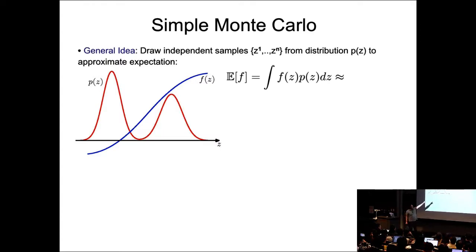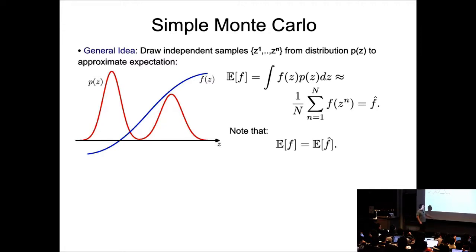You draw independent samples, Z1 up to Zn, from a distribution to approximate this expectation. Okay? So importance sampling is all about approximating expectations, high-dimensional expectations, right? And the way you do it is you're basically saying, I can approximate this expectation by taking the average of the value. So if I sample according to distribution P sub z, and I just look at the average of the function at those points, then I get some estimated f bar.